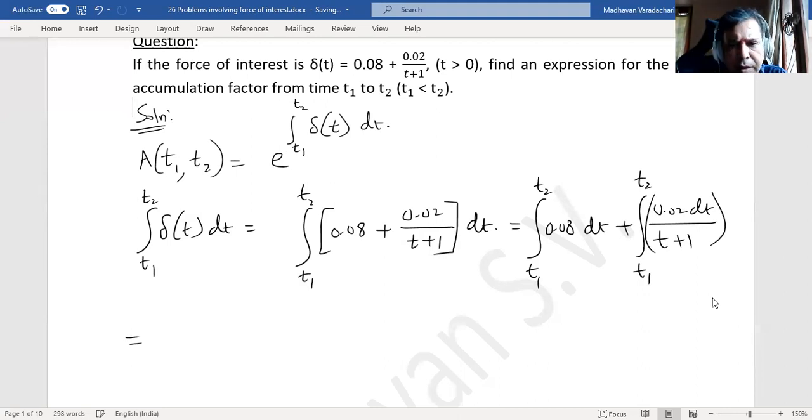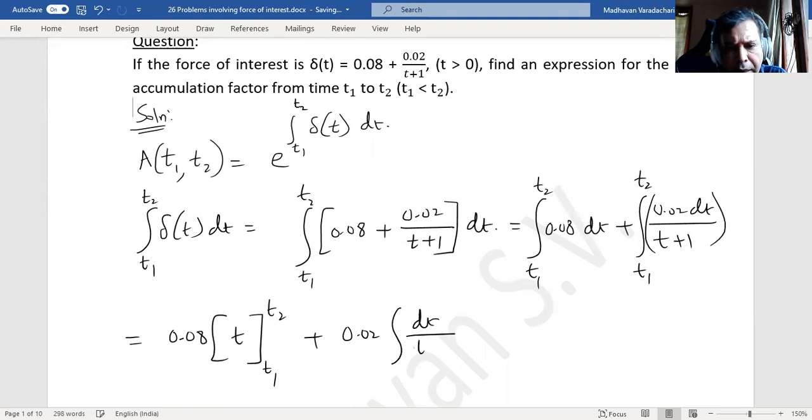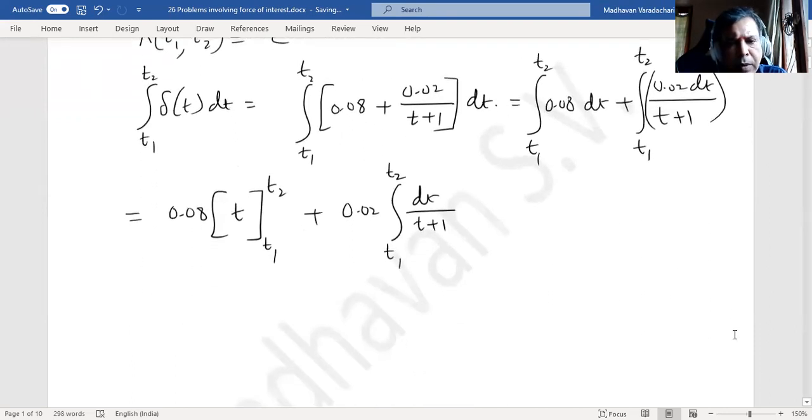In the first one, 0.08 is a constant, and if I integrate dt, we get t, with limits t1 to t2. In the second one, the constant term is 0.02, so it becomes the integral of dt by t plus 1, with limits t1 to t2.